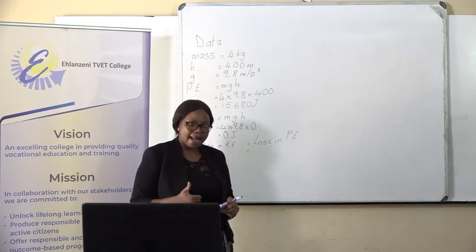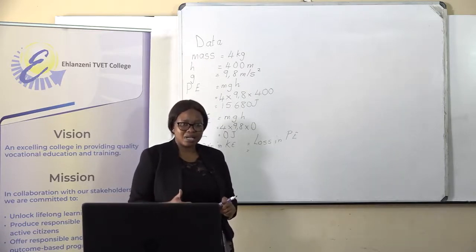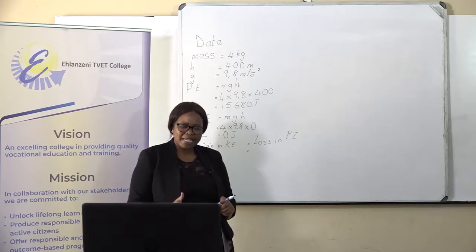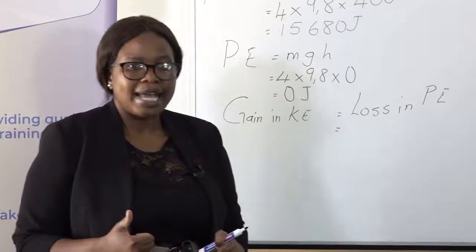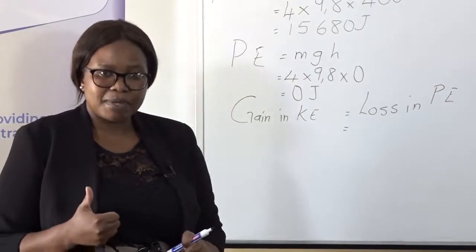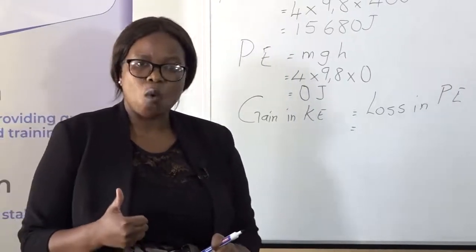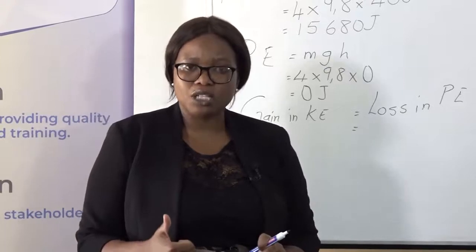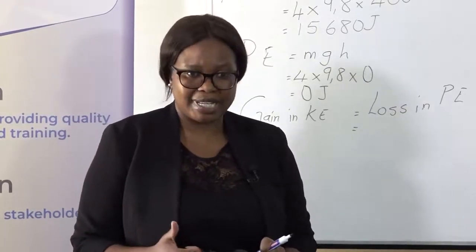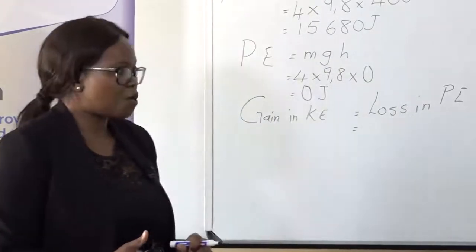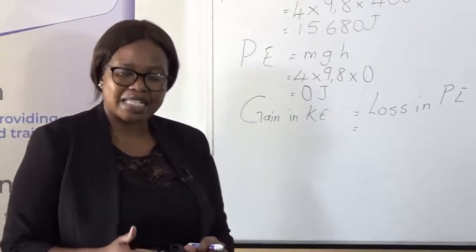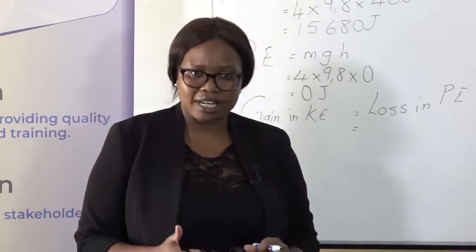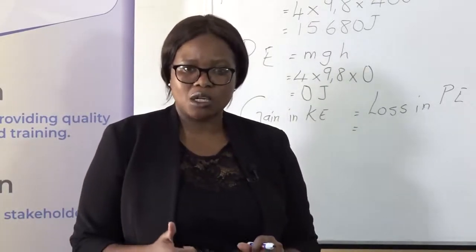And here, what is the loss in potential energy? Potential energy 1 minus potential energy 2. Where is our potential energy 1? Our potential energy 1 is the potential energy that we calculated when we were having a height of 400 meters. So in the first one, we get 15,680 minus the potential energy at ground level, which is 0 joules.